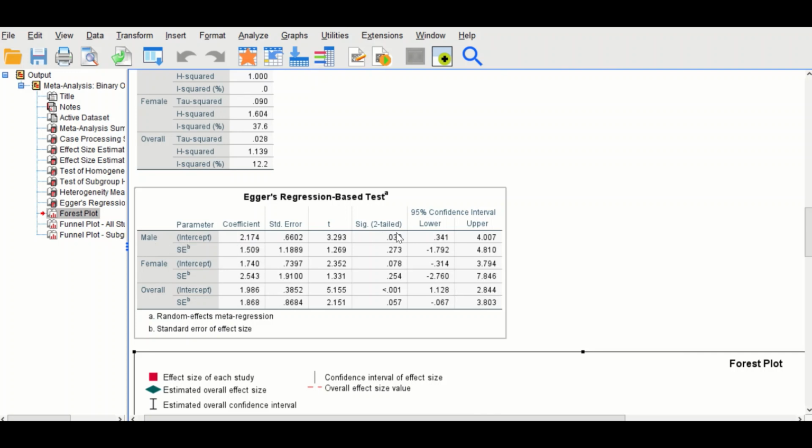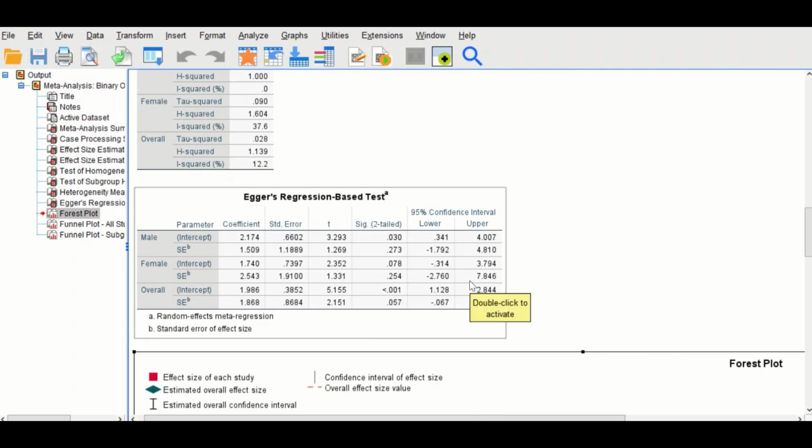So for the males, there is publication bias, and for females there is no publication bias as it is above 0.05, and for the overall there is a publication bias as the p-value is less than 0.05.